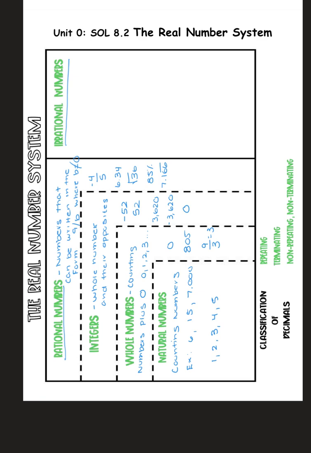Now we're going to classify our decimals, because we talked about a few decimals already, but we're just going to talk about them really fast before we hop over to the irrational. Repeating decimals: remember, those are decimals that never stop, but they also repeat a pattern.